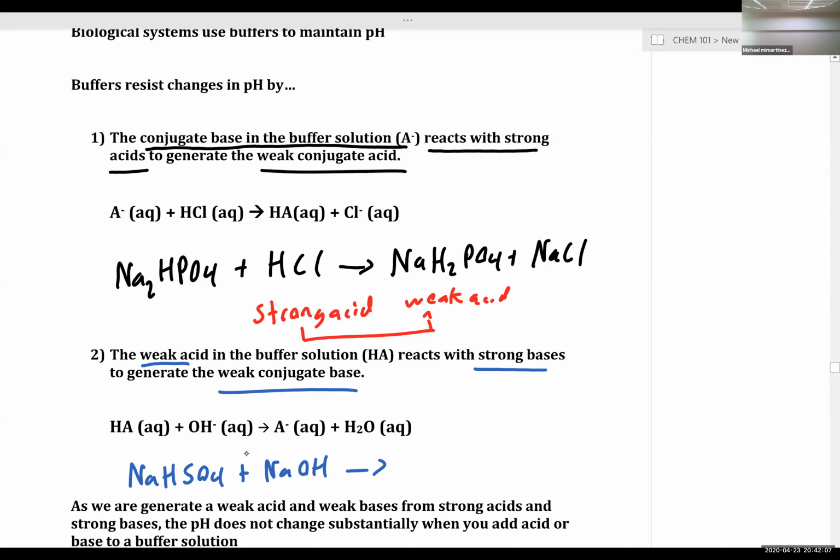The buffer will react with our strong base to make sodium sulfate, which is a weak base, if you can even call it that, as well as some water. So buffers work by converting strong acids and bases to weak conjugate acids and bases. Does that make sense? Is everyone comfortable with this idea?